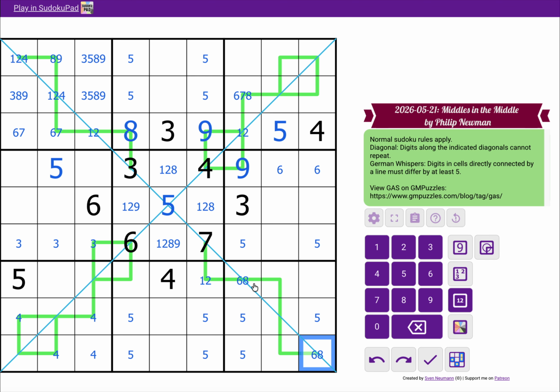And there has to be a 9 too. Well, there has to be 3 numbers. These 2 could be 9s. And this could be a 6-8 as well. 6, 8, 9. That's a triple over here.